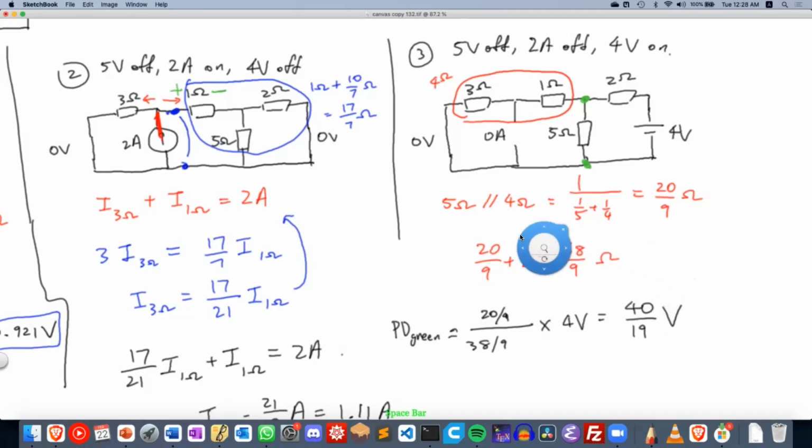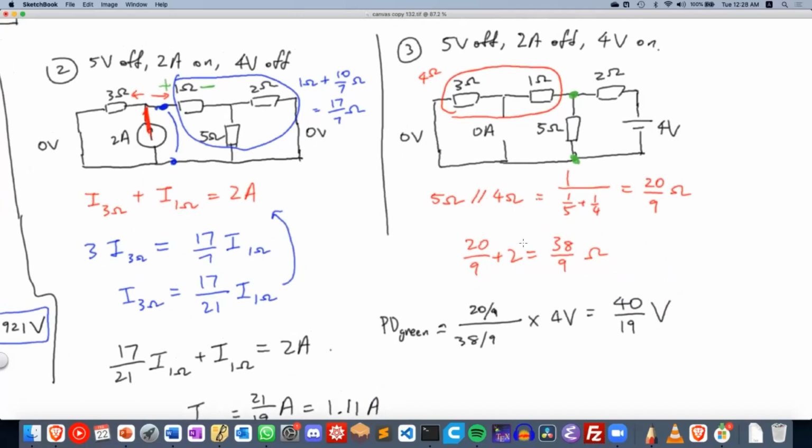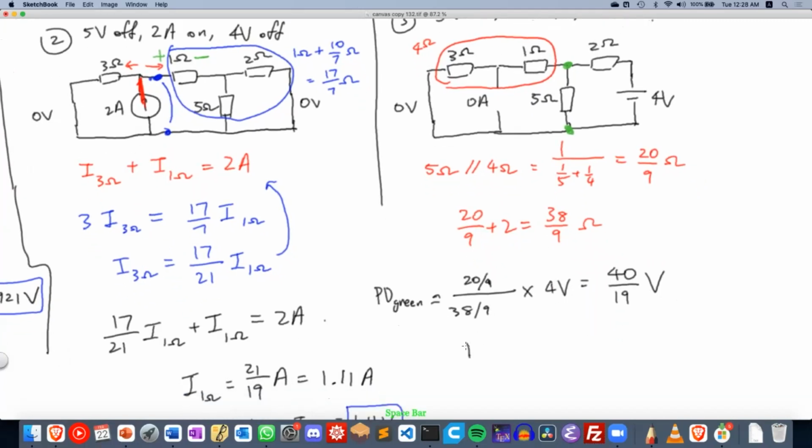So from there you can calculate the PD across the 1 ohm, right? So PD of the 1 ohm is equal to 1 over 4, 1 for this resistor over 4 being the total resistance. So once again, voltage divider principle, multiplied by the PD across the total 4 ohms.